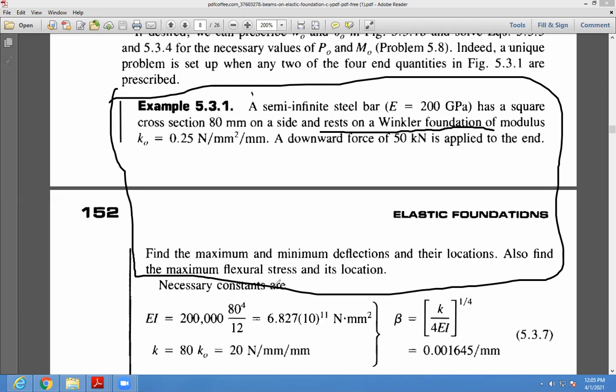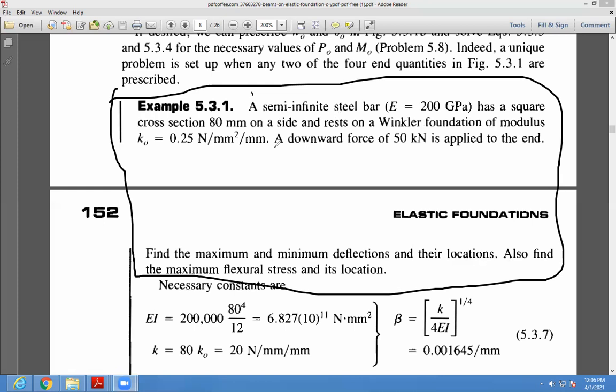rests on Winkler foundation of modulus K naught is equal to 0.25 Newton per mm square per mm.